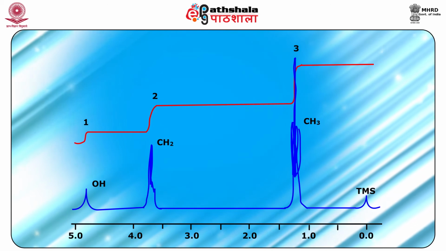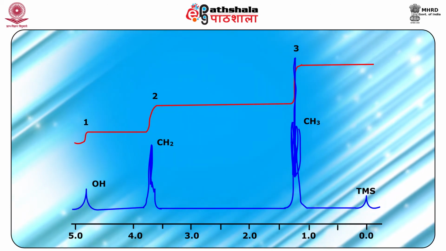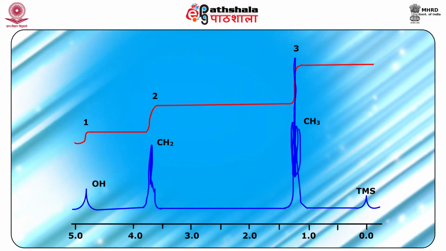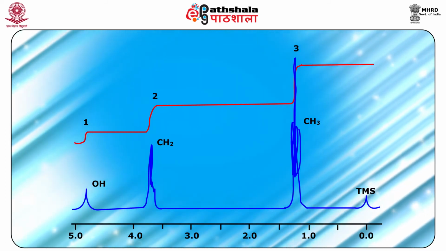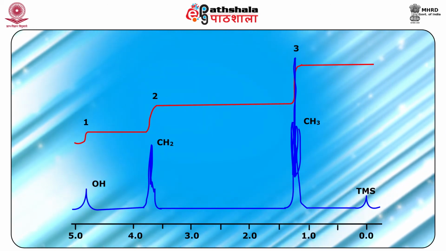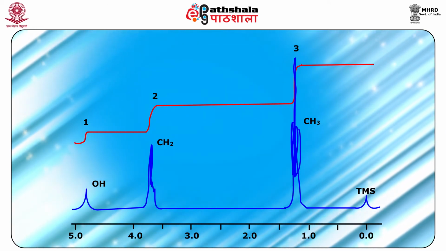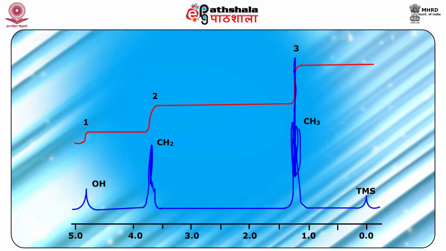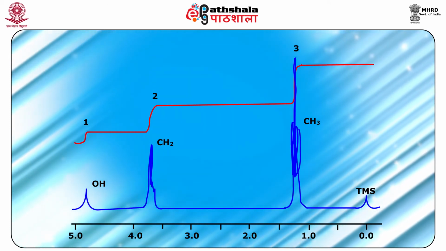Now students, in the proton NMR of ethanol, which is shown with the integral line, there are 3 distinct types of protons in ethanol. Due to 3 hydrogens in the CH3 group, 2 hydrogens in the methylene group and 1 hydrogen in the OH group.